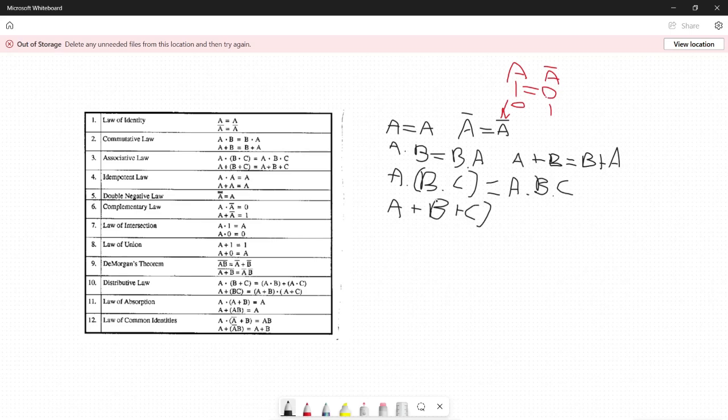And you can just put the brackets wherever you want, and it'll still give the same answer. All this is really saying is you'll find a lot of these same laws in your normal algebra. So this isn't really anything too new. Those are your basic laws.